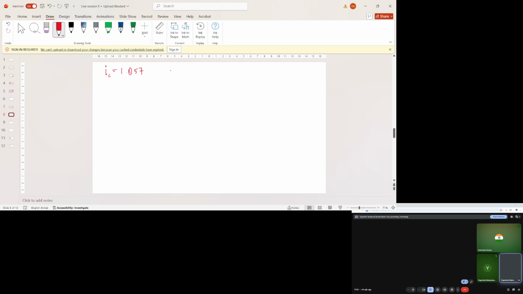If IC is greater than I exit then safe, and if IC is less than I exit then unsafe for the river bed. What is the exact parameter? It is the factor of safety, which is given as IC by I exit. It should be greater than 1. So calculate the factor of safety.